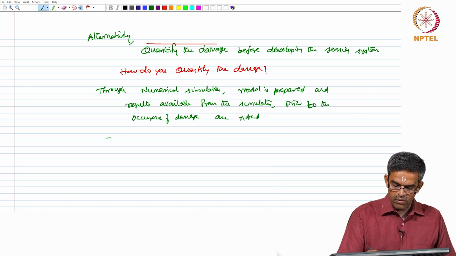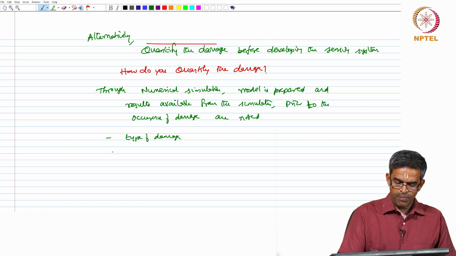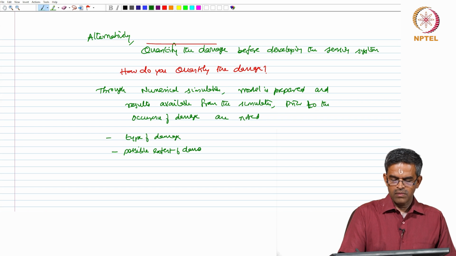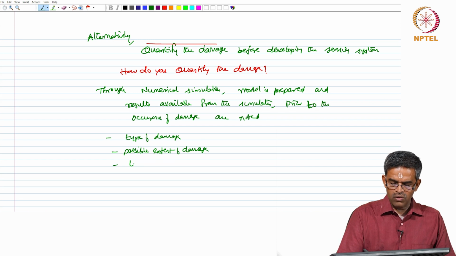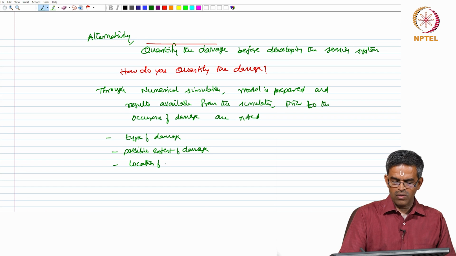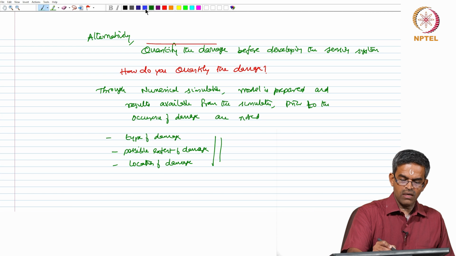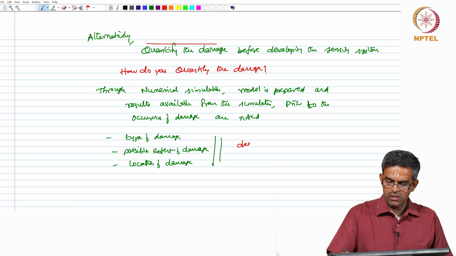Okay. So, they will give the type of damage, possible extent of damage, and there are methods which can even tell you the location of damage also, that is localization of damage. Based on these data, design the sensor system.